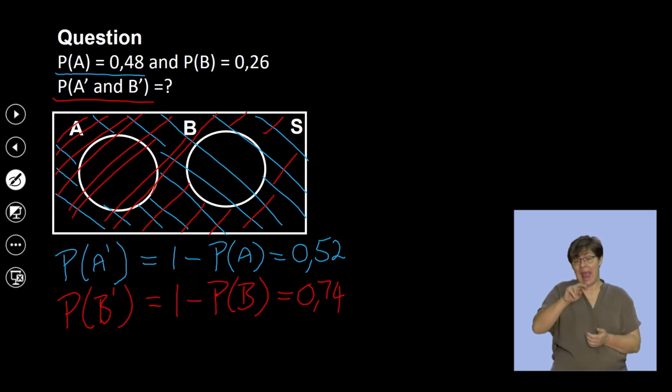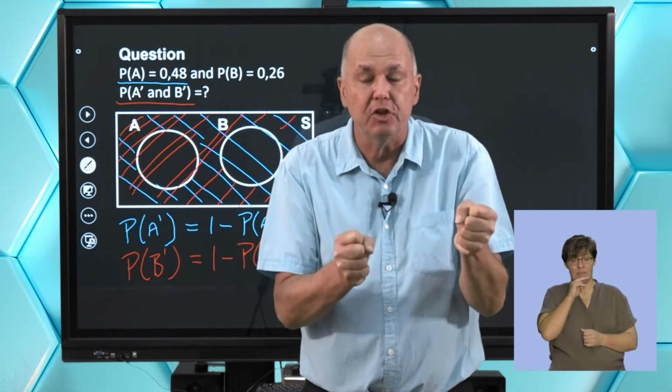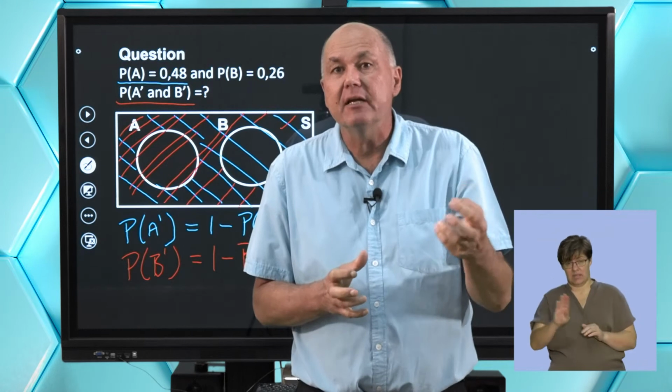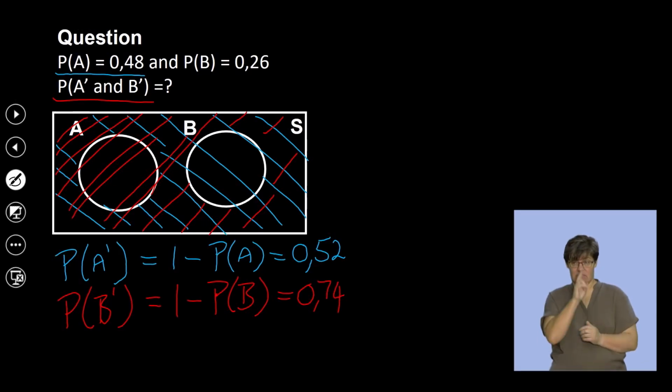Well, that means I've got to find the intersection of not A and not B. So what are the elements that are in the intersection? Can you see that the things that are common, that have a blue and a red shading on the diagram, those are the things outside of A and outside of B. In other words, it's this area in the sample space that I've indicated here. So it doesn't include A.